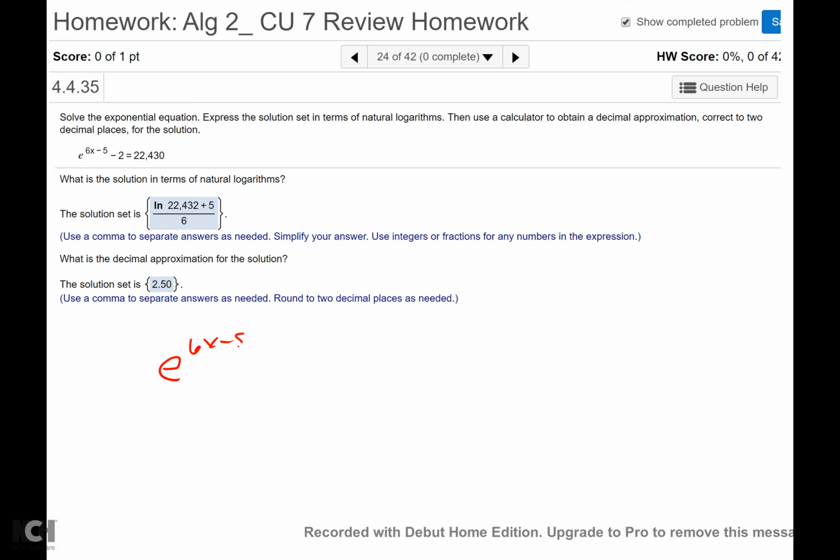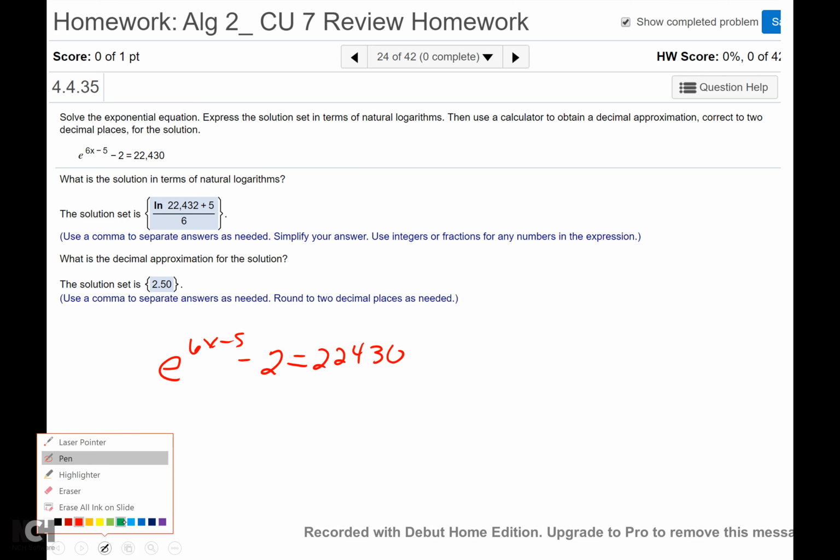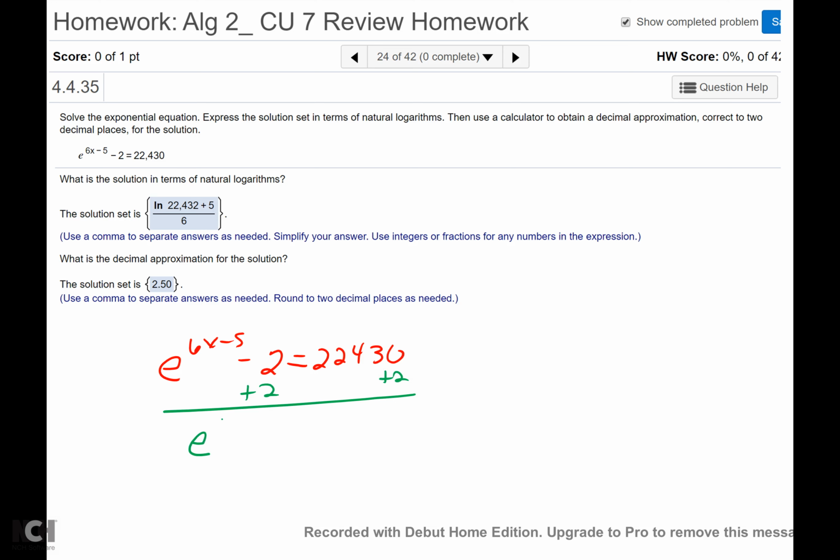I need to be able to drop it like it's hot, but I can't do that until I get e to whatever alone. So the first thing I have to do is add 2, and I get e to the 6x minus 5 equals 22,432.